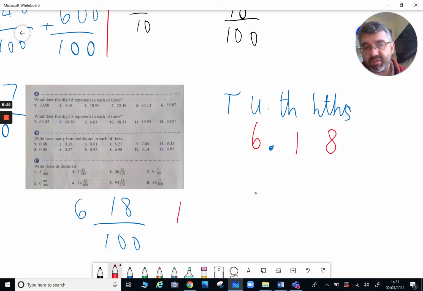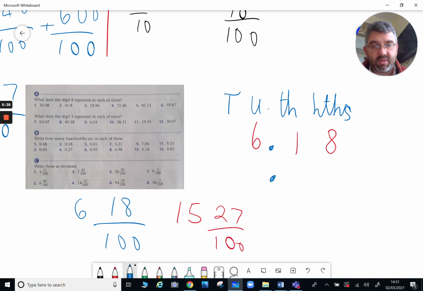Let's say I got 15 and 27 over 100. Again, quite straightforward. Decimal point ready. That gives me 15.27. So 15 whole ones, 27 over 100. 2 tenths is 20 hundredths, and then the 7 hundredths.